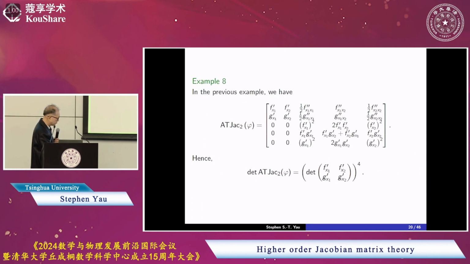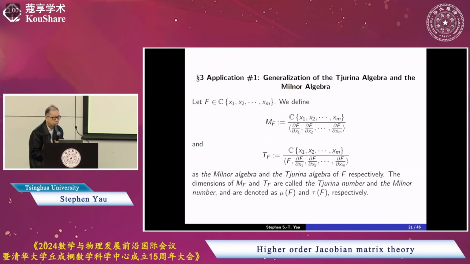For example, if you look at the second-order one, Jac 2 phi, you take the determinant, it is given by the determinant of the classical matrix raised to power 4. So we develop this theory to get high order invariants.